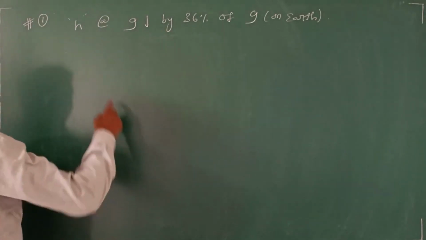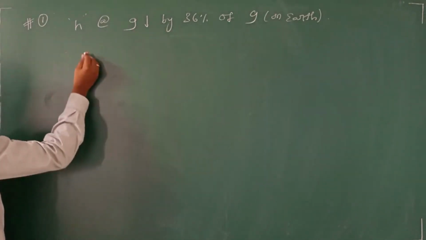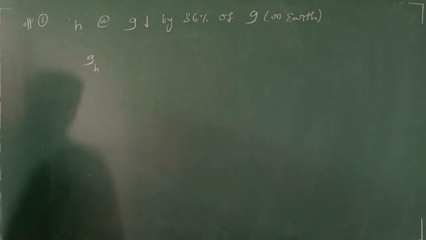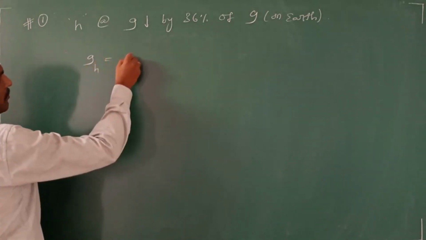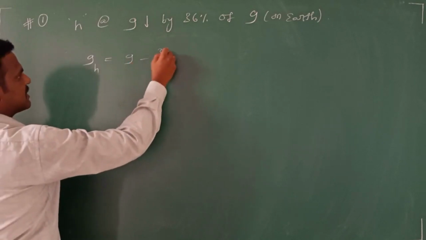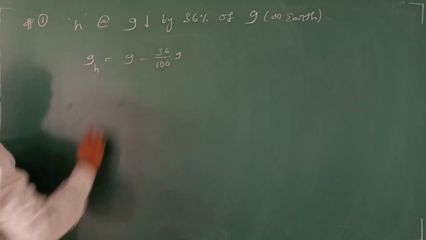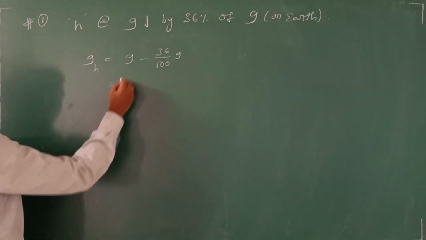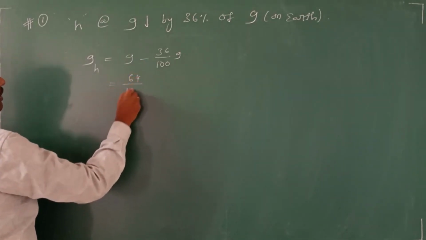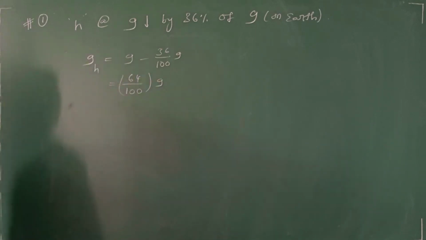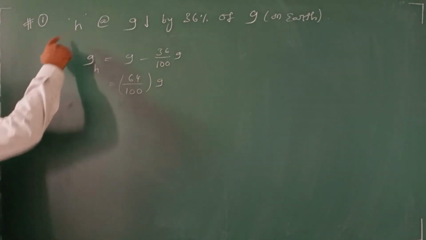Well, decreases by means what? It means at this height, the acceleration due to gravity, if I write it as g_h, that must be equal to, from the original, 36% of g is decreasing, no? So therefore I am writing a minus. From this one, what can we write? 64 upon 100 into g is going to be the formula for g_h. Now, do you have any information about the height?